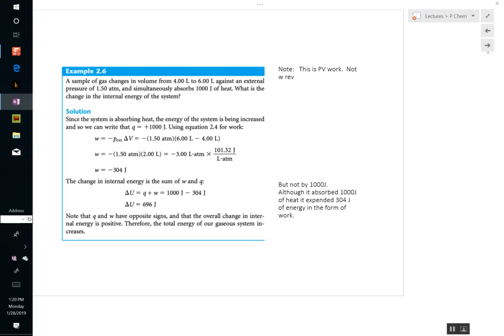So U is Q plus work, and what is the work? It's working against that external pressure during expansion. We don't know the internal pressure. So this is PV work, and it's pushing against that external pressure.